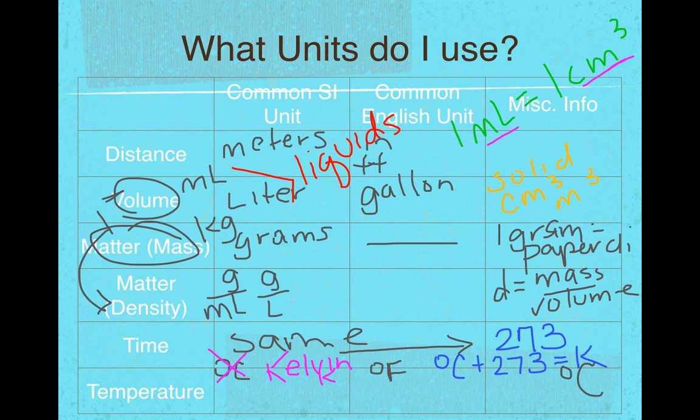If I have a Kelvin temperature, I am going to subtract 273 to get the degrees Celsius. Just remember the magic number of 273 and that I cannot have a negative Kelvin. Does not exist.